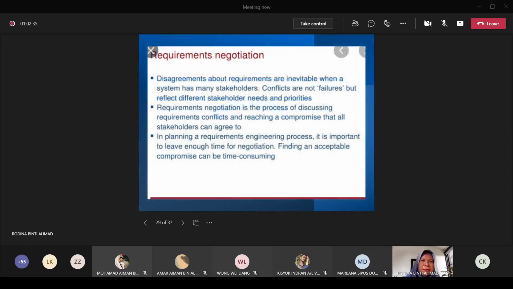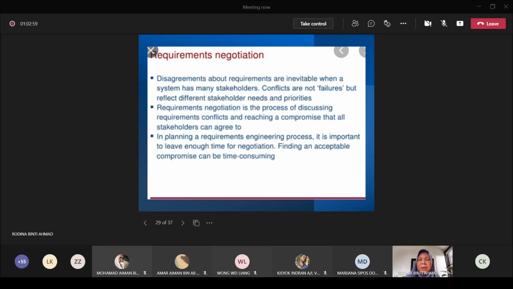Okay, so we said that again, even though we look at the conflicts and the way that we can deal with them, the key thing here is that requirements negotiation is basically about disagreement about requirements, and this disagreement most of the time is inevitable.